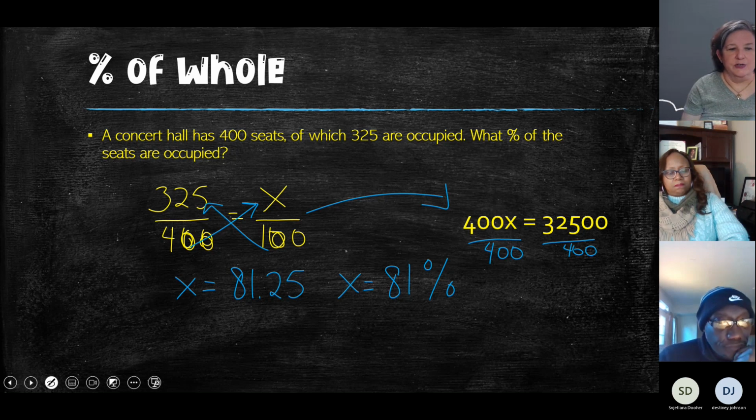You can look at the answers that are given, and if it tells you to round to the nearest hundredth or whatever, that decides whether or not you round. I don't like decimals in percents, so I rounded down.